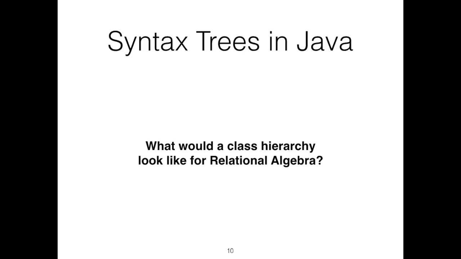Is a project operator a query? Is a select operator a query? Is a cross product a query? Goes on and on. Any operator that you can think of defines a table. Okay. Why don't we just create one operator interface and have everything inherit from that?